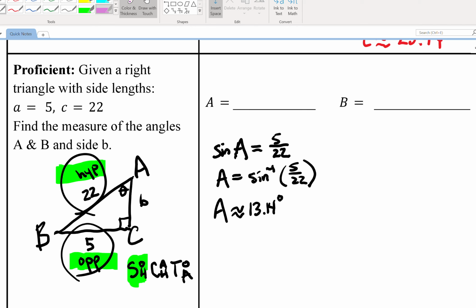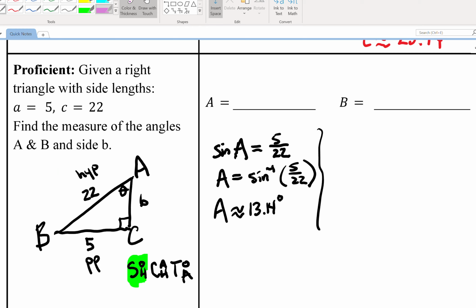Now I'm going to show you a couple different things here. If I wanted to, I could have done the same thing for B. If I say, instead of putting my theta there, I'm going to put something here, B. I don't want to confuse you with theta, so let's do alpha.